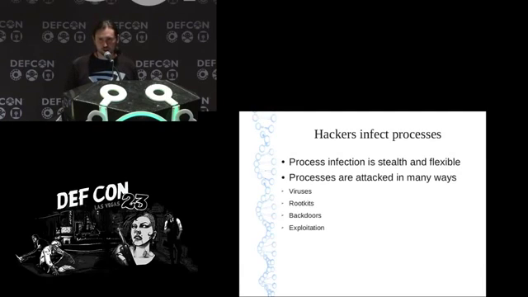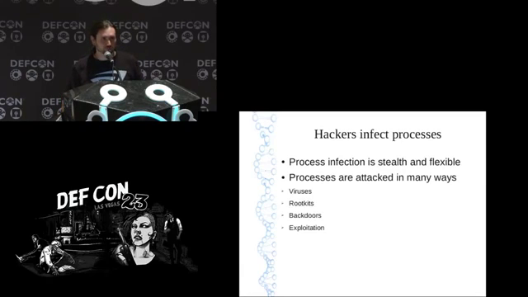It's typically more stealthy than infecting the binary because it's only resident in memory. Just a few examples of these types of infections would be memory resident viruses. So maybe a virus that copies itself from process to process while stealing credit card information from Firefox, or maybe a virus that infects the LDAP daemon and siphons information out about users. So a lot of different reasons to infect a process.